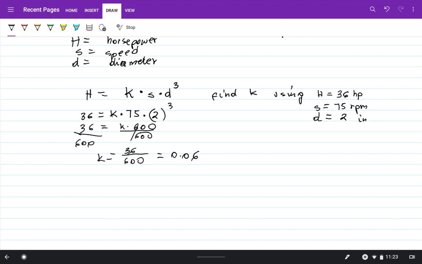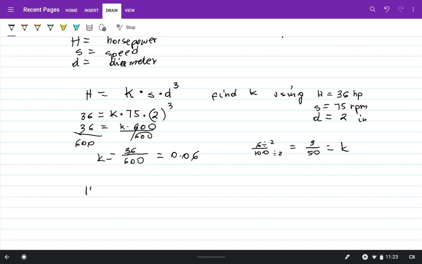Okay, so if we want to have that as a fraction, that will be 6 over 100. Can divide each by 2. So that will be 3 over 50. Okay, if you want to keep it as a fraction, that K will be 3 over 50. Okay, let me just keep it as a fraction.